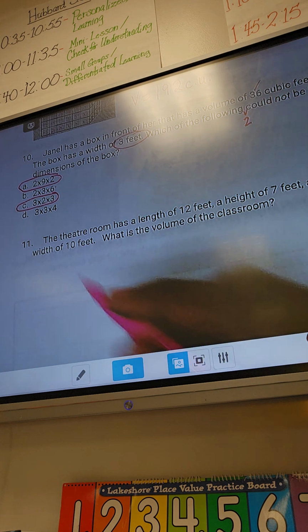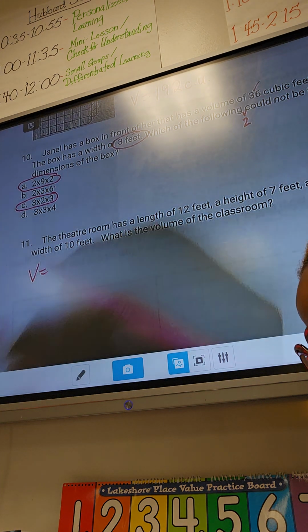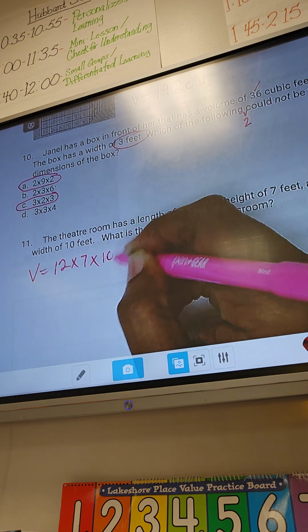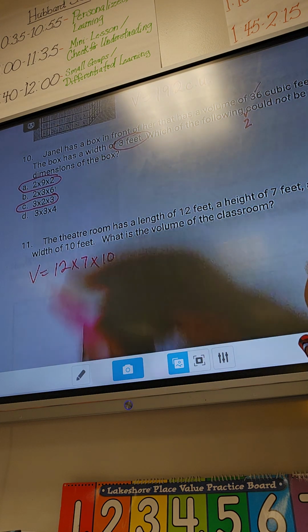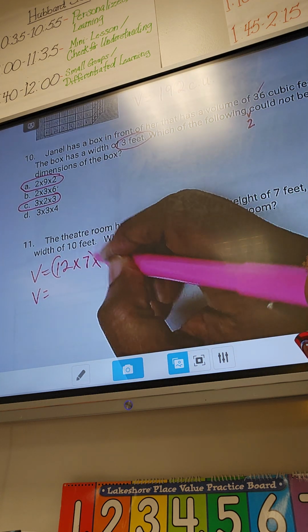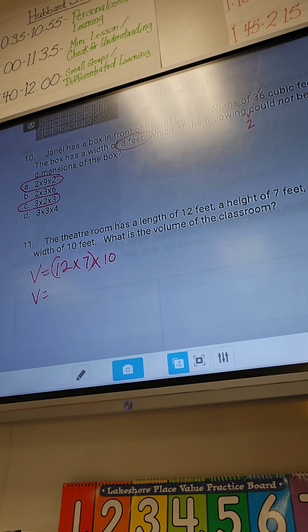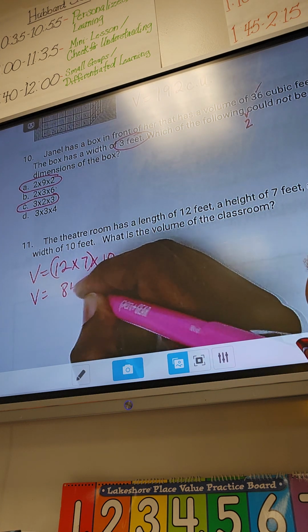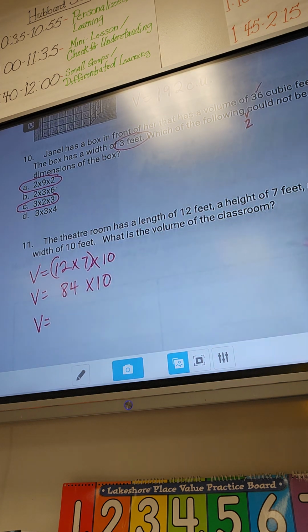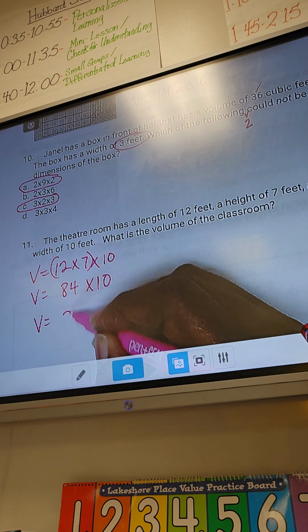All right, volume equals 12 times 7 times 10. Volume equals 12 times 7 is 84 times 10. Volume equals 840.